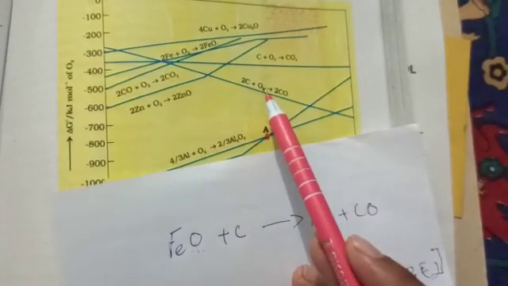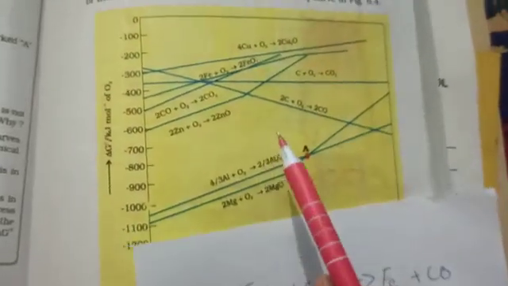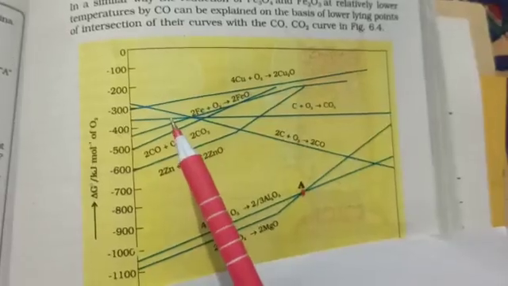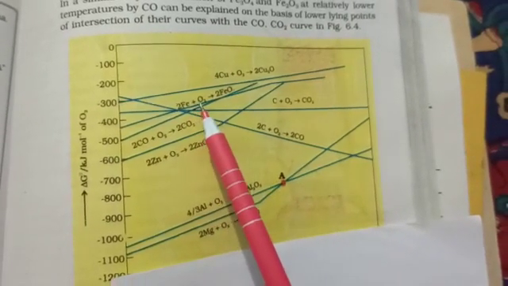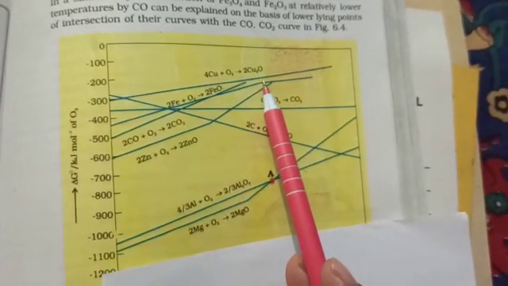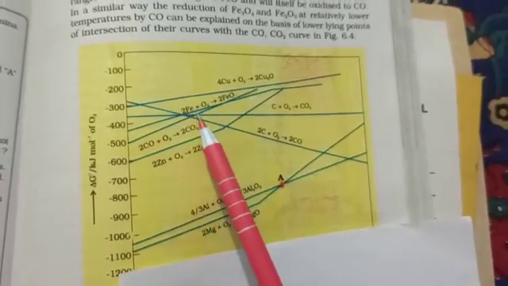And your next reaction is carbon and oxygen giving carbon monoxide, which is this one. So basically you have to look at this line carefully, and look at this line carefully.